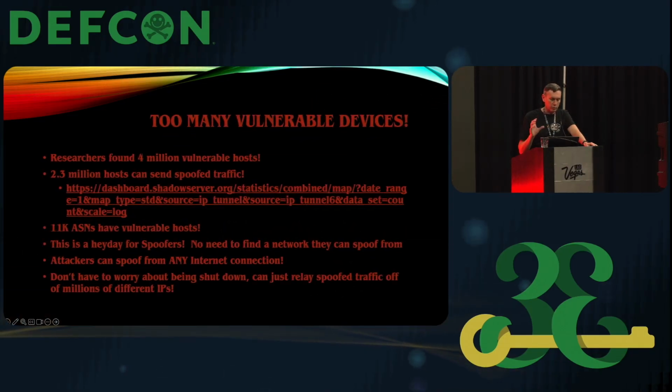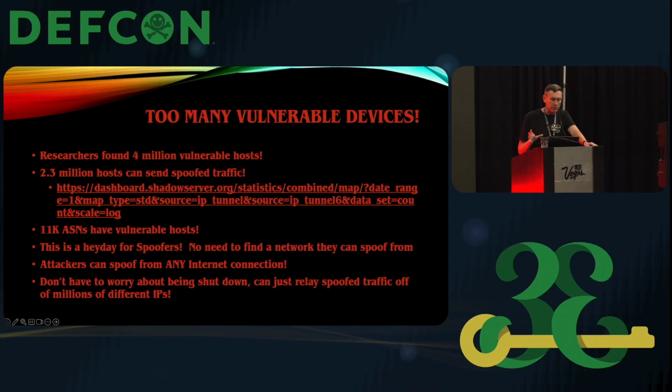The researchers found that there were 4 million vulnerable hosts on the internet. Out of those, 2.3 million specifically can send spoof traffic. I have a link there to Shadow Server.